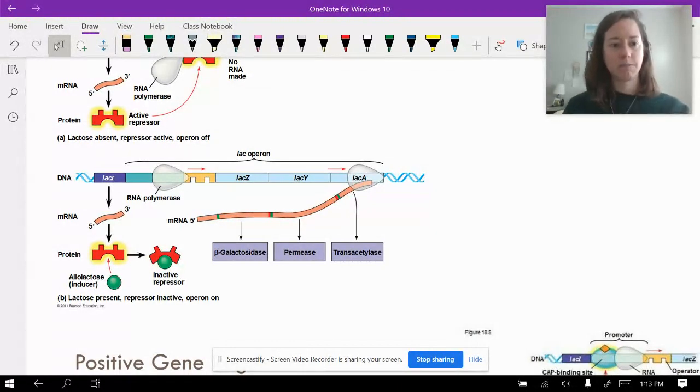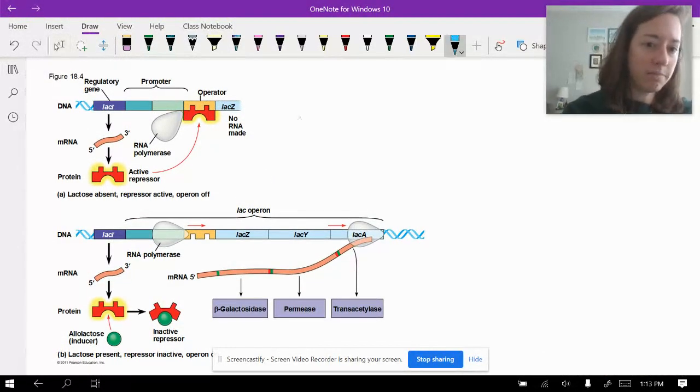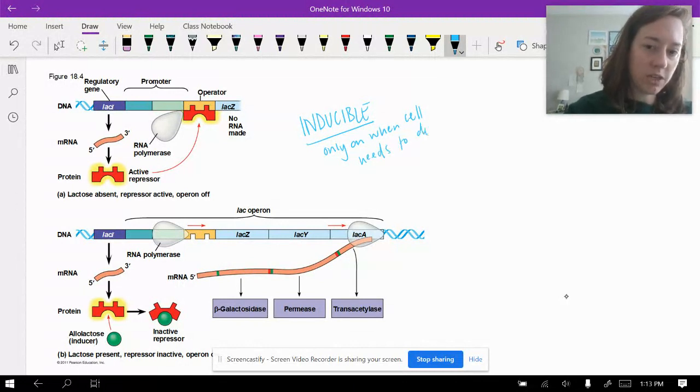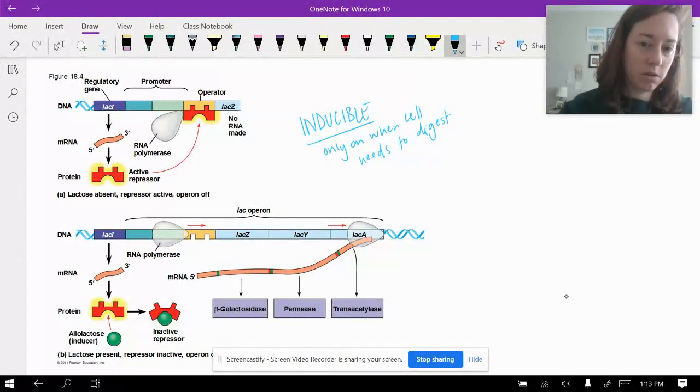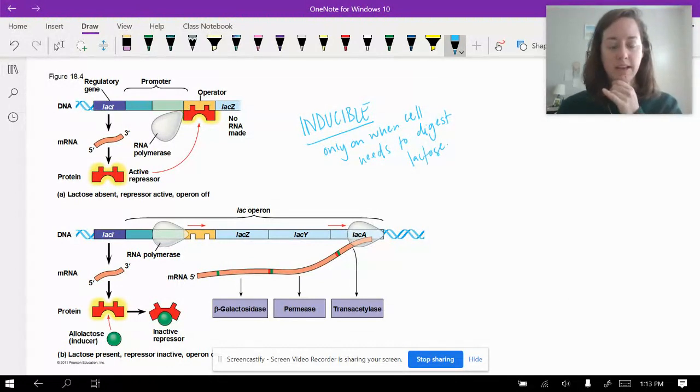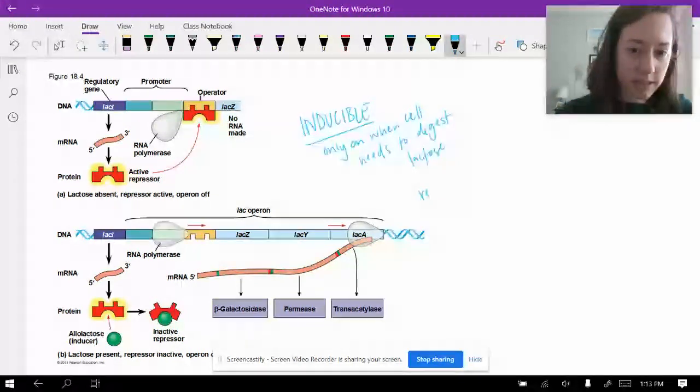So this is an inducible operon. And it's only on when the cell needs to digest lactose. And how it gets turned on is the repressor becomes inactive.